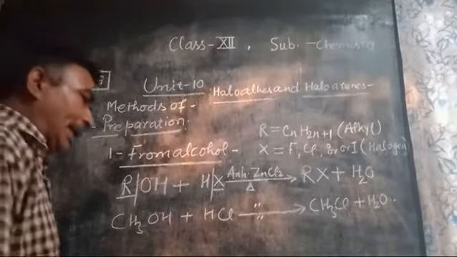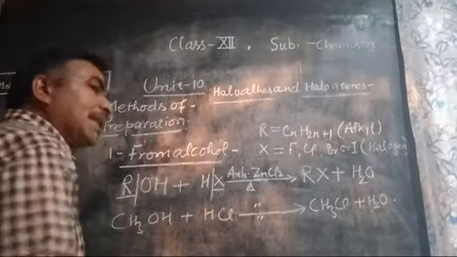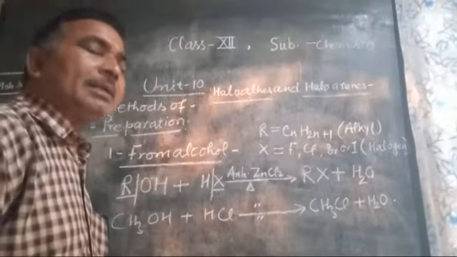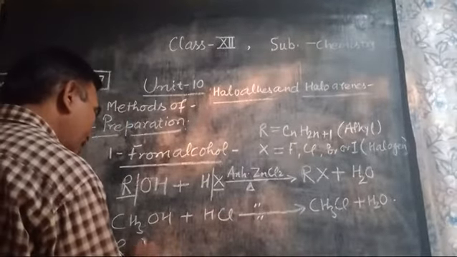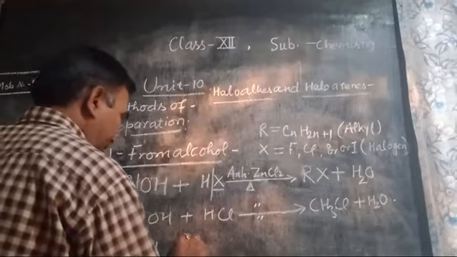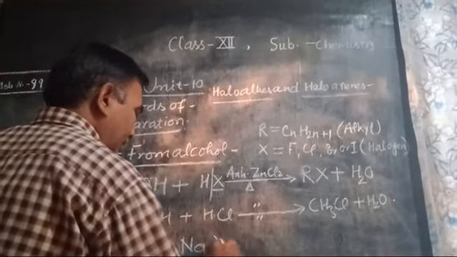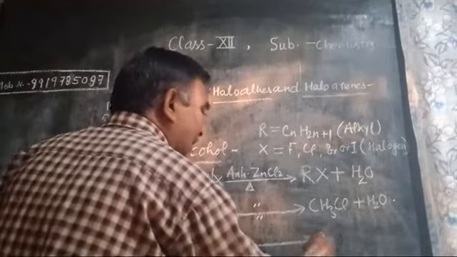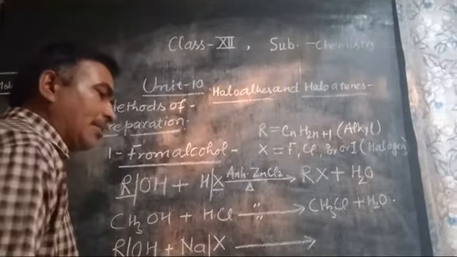Alcohols when treated with sodium halides such as NaCl, NaBr, NaI, then the corresponding halides are obtained and the byproduct NaOH is formed.